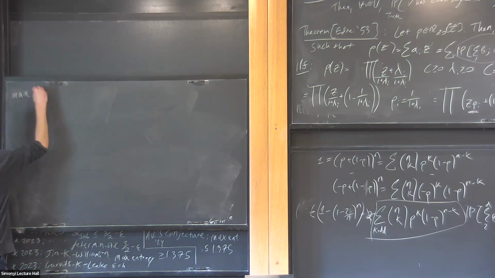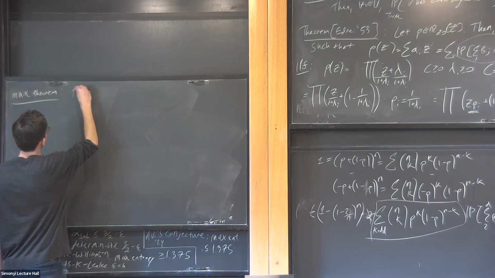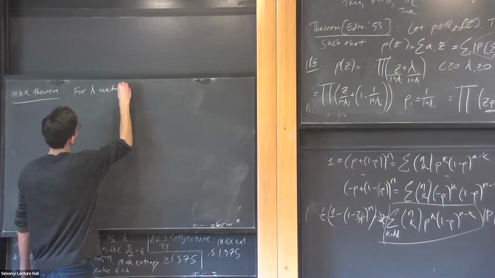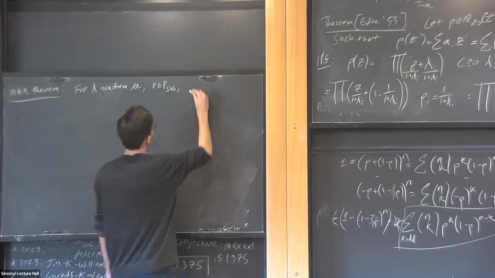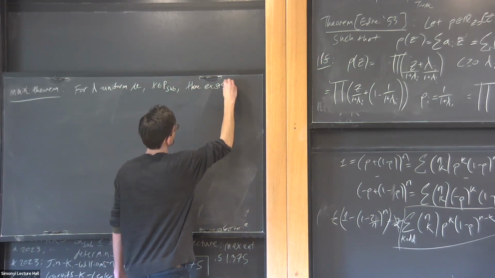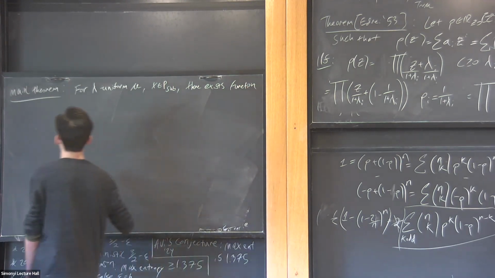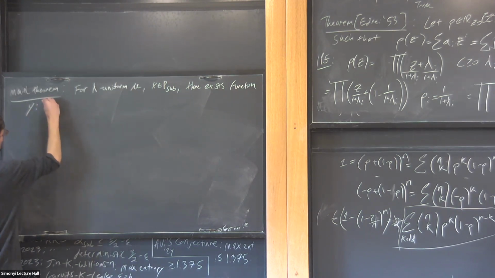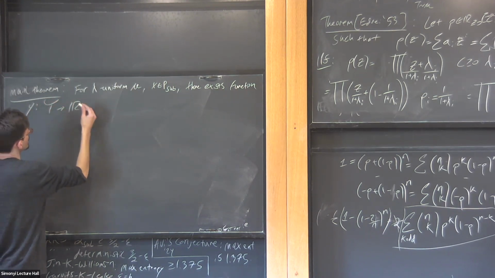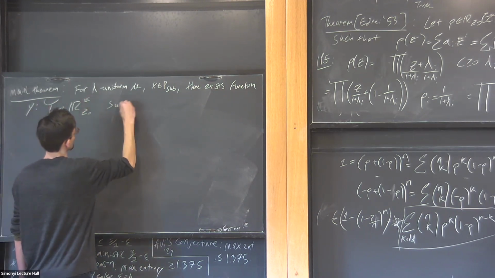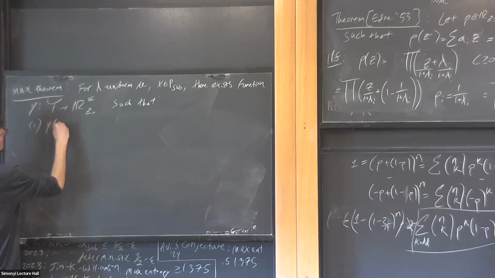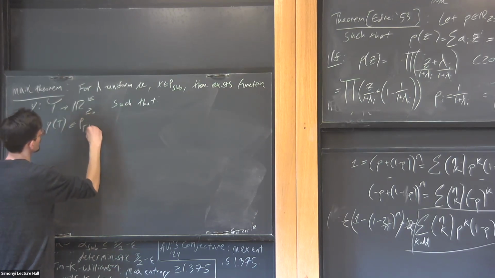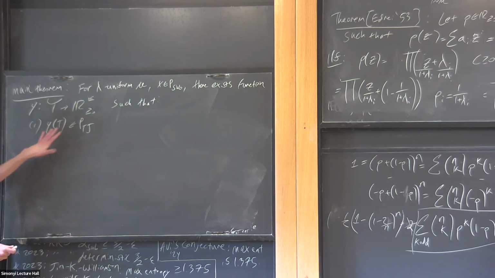So here's the main theorem we proved. For a lambda uniform distribution with marginals x in the subtour polytope, there exists a function y from the set of all spanning trees to vectors over the edges such that, first, y of t is in the T-join polytope of T with probability 1.